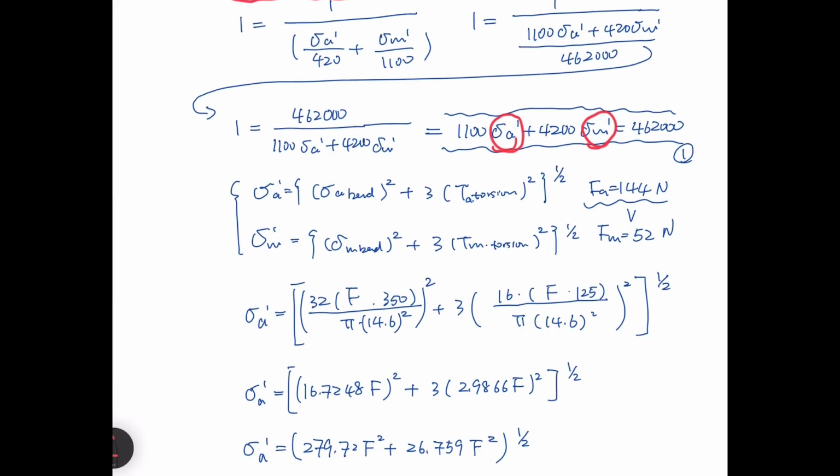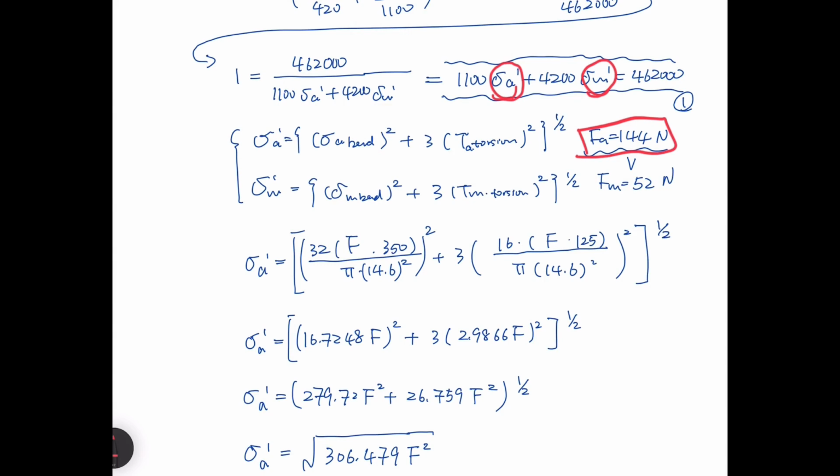And in this case, because the question is asking for the maximum, and for the force Fa is 144 newtons, and for Fm is 52 newtons, we're going to focus on Fa. So we're going to sub this number.